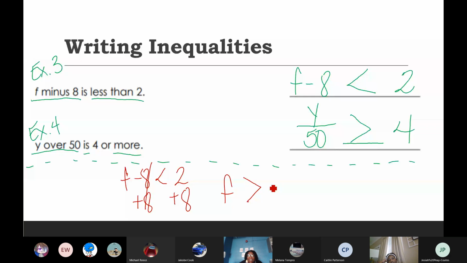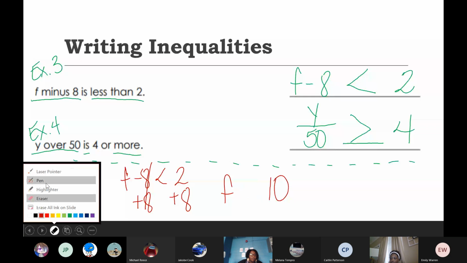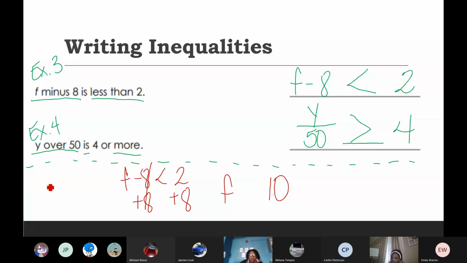What is 2 plus 8? 10. So f is, oh my goodness, I got the sign wrong. Sorry, y'all. So f is any number less than 10. So could f be 4? Yes or no? Say it on the mic.